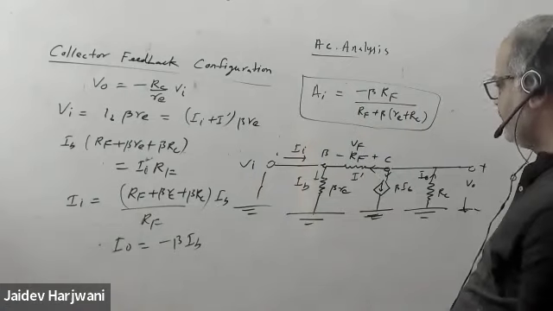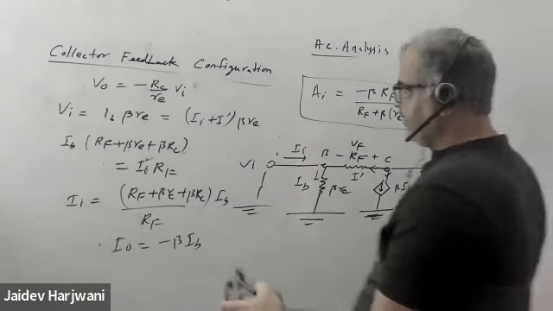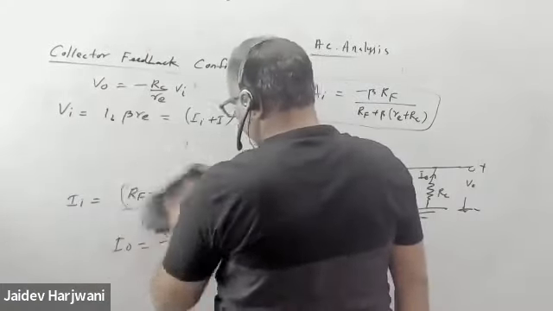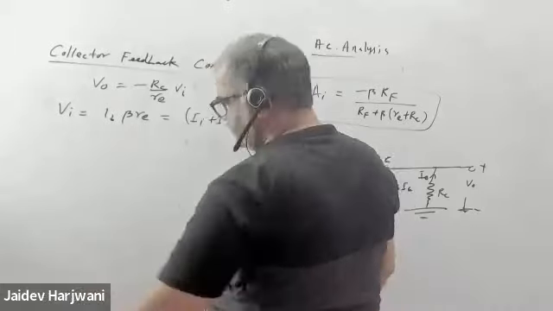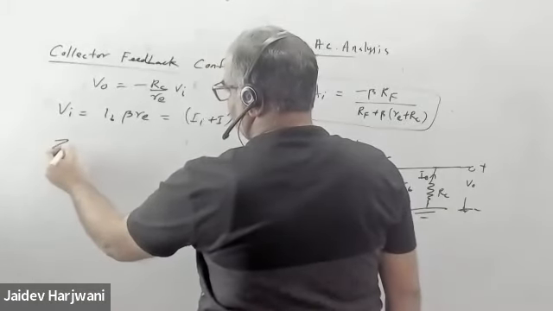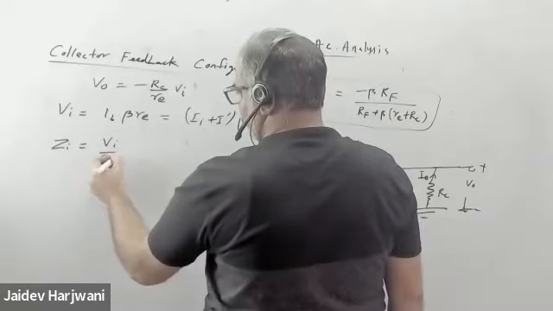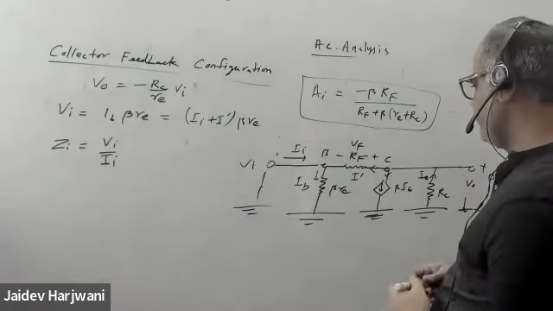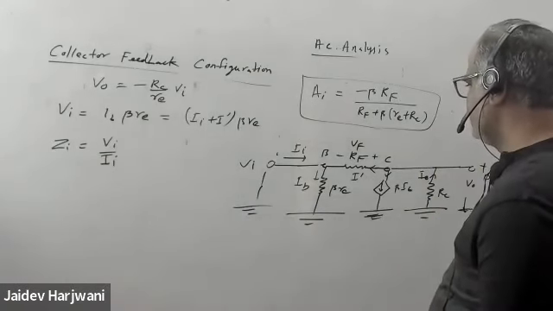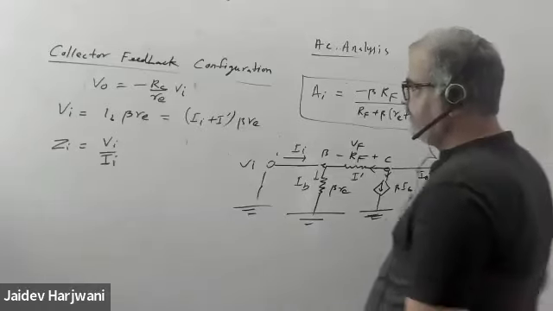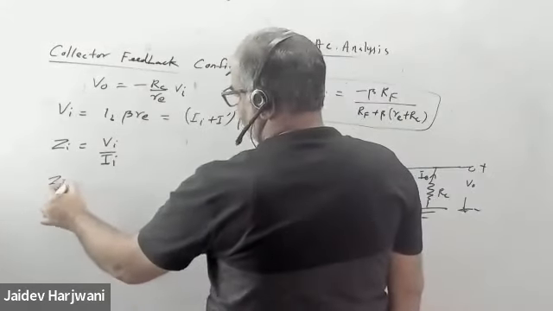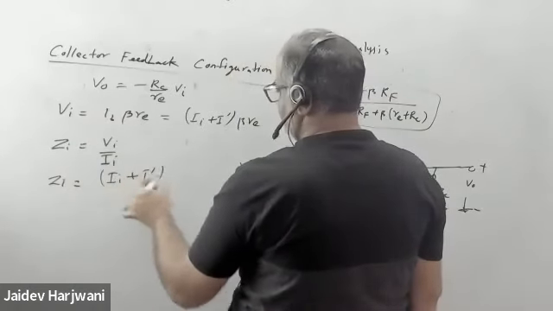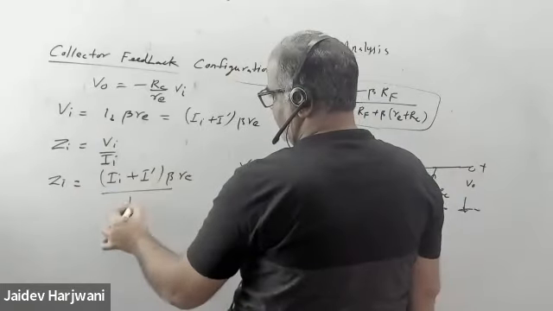Now calculating ZI is a little bit tricky. I want to calculate ZI, which is your V input upon I input. I told you in the beginning, your VI is II plus I dash beta RE upon I input.